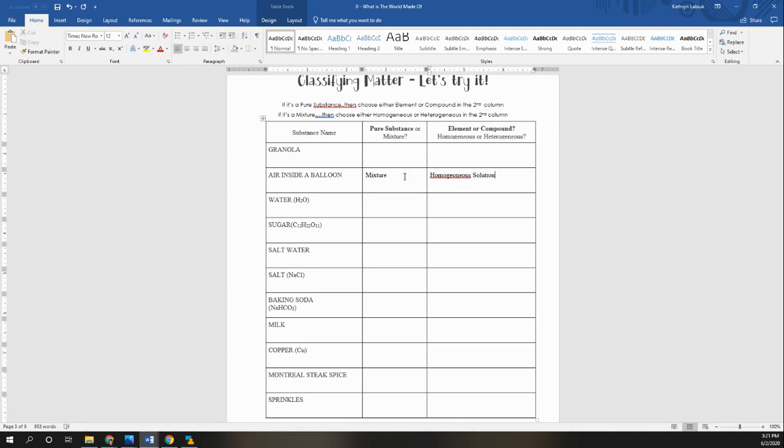If I take a look at, let's see here, salt, NaCl, this is a pure substance. And because I chose pure substance, I'm going to now choose whether it's an element or a compound. Well, we know we have two different elements that make it up, so this has to be a compound. Okay. So take a minute and try that out yourself, and then add your answers.